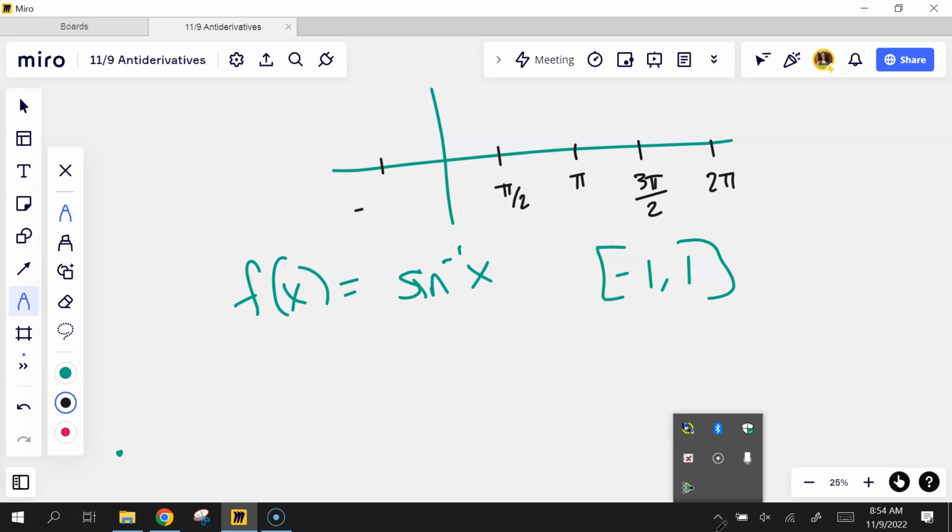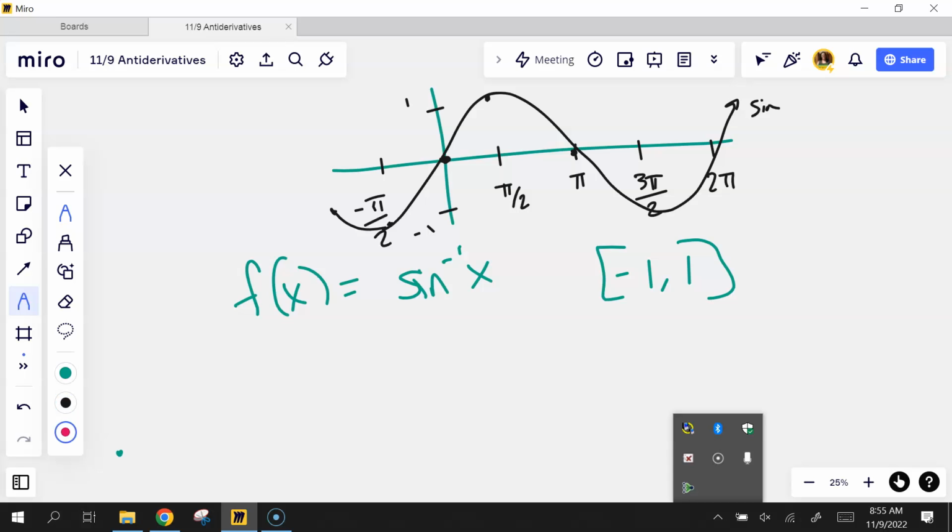Just to graph sine, what's the sine of 0? What's the y value at 0? 0. Then at pi over 2, it goes up to 1, right? So the sine graph does this. All right, this is sine.